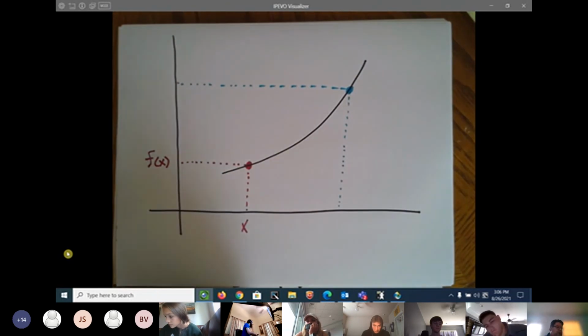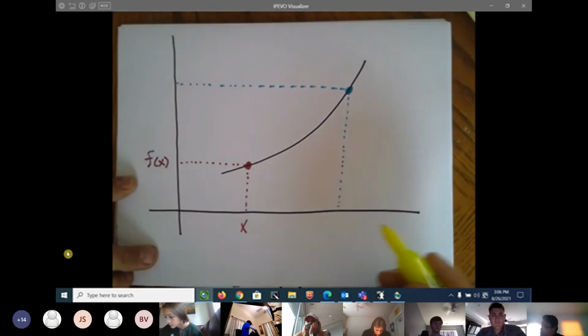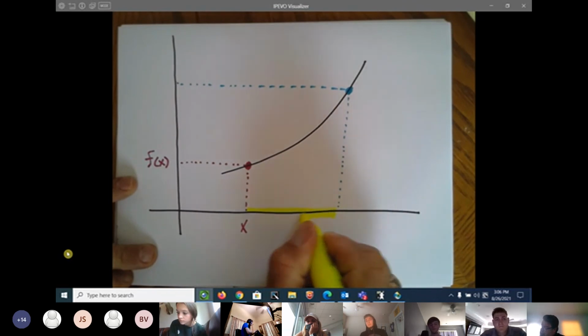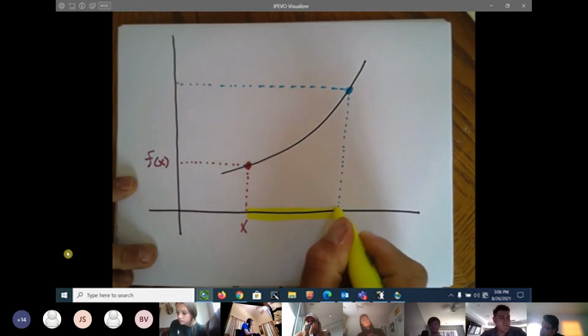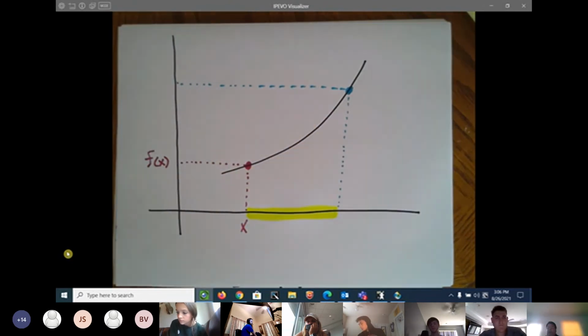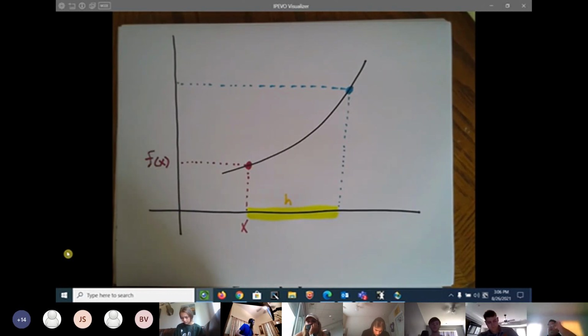I'm going to take a highlighter, and I'm going to highlight this area between x and that blue dashed line. And we're going to call that yellow area H. You could say D for distance, but I'm going to call it H because that's what all math books call it. Everybody with me?